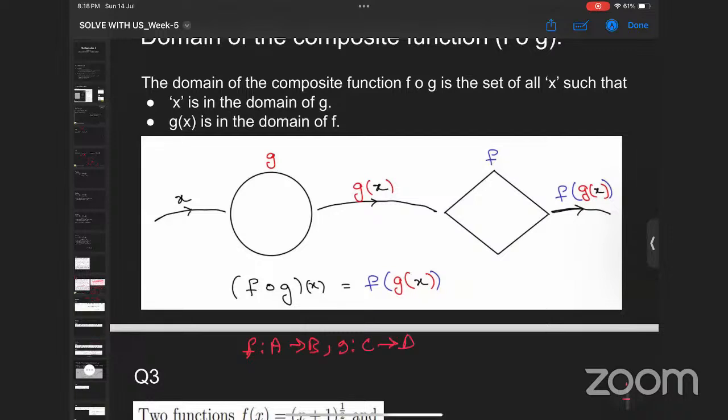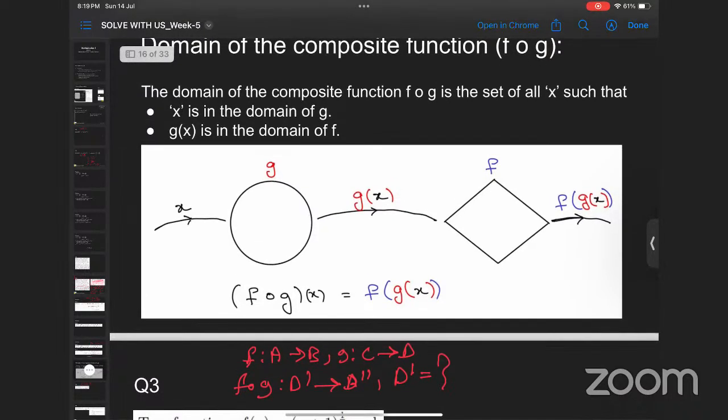So one of you can assist. What will be the domain and codomain for, suppose, D dash and D double dash? So what is D dash? One of you can assist. What is D dash? Domain of F compose G. Last day we covered it, right?